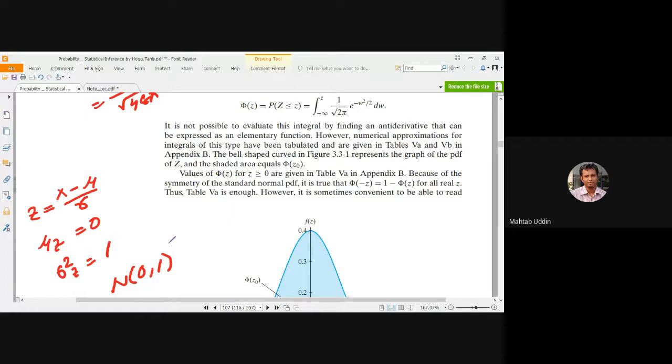This is always true. Now, this is the comparison. But another important property is here.